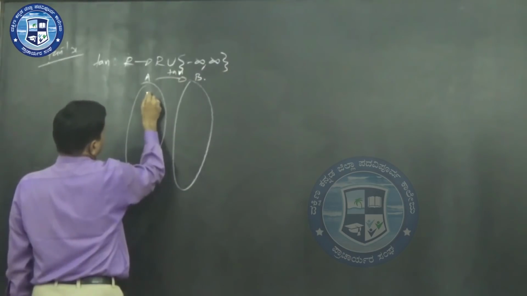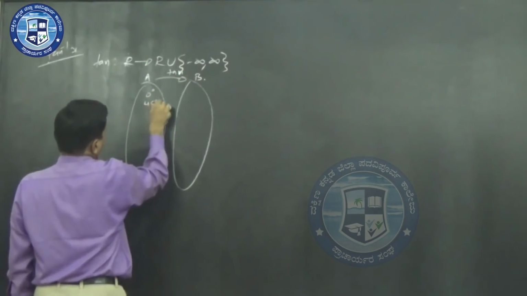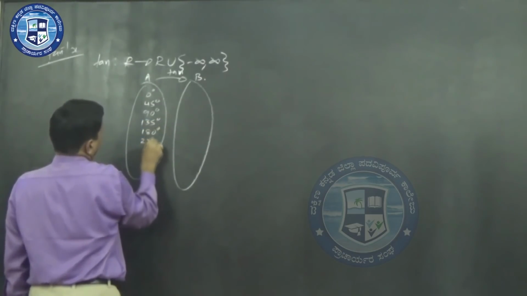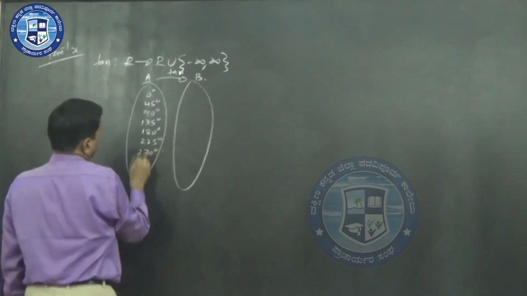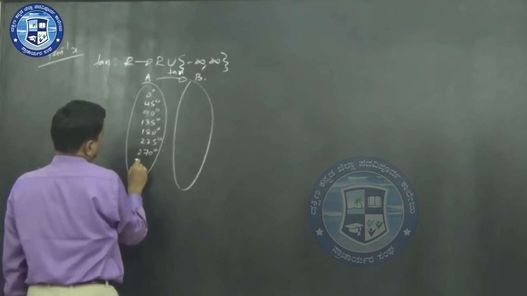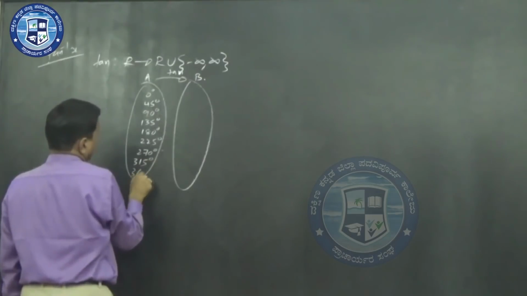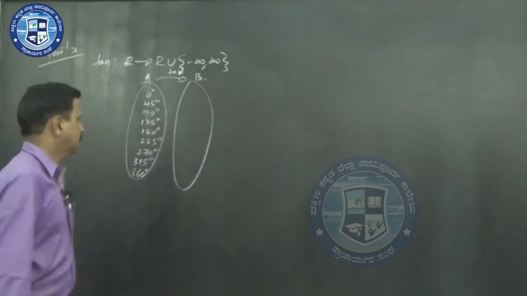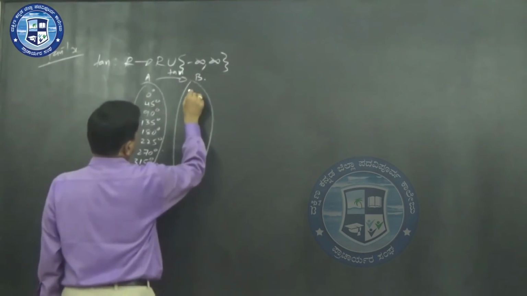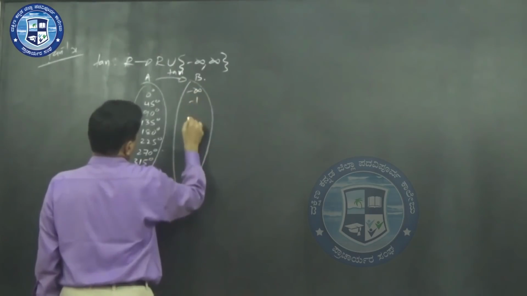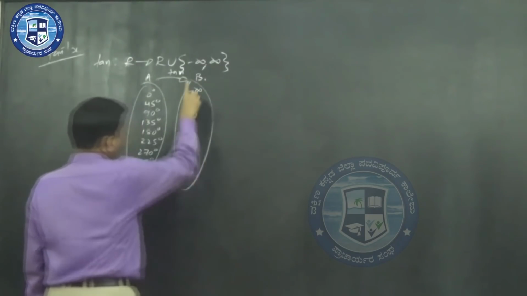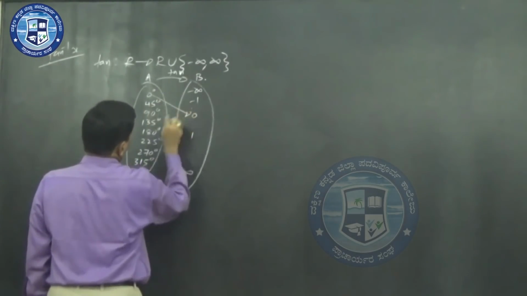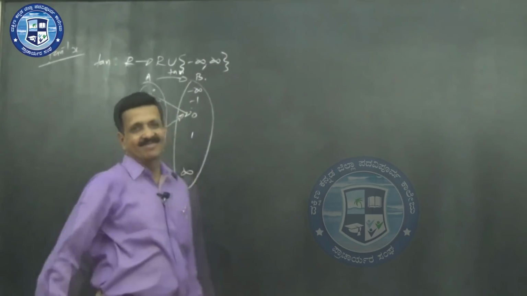Let me take different angles, say 0 degree, then 45 degree, 90 degree, 135 degree, 180 degree, 225 degree, 270 degree, then let us see 315 degree, 360 degree. You have almost all the angles of different quadrants, and let us take different values here. Minus infinity, minus 1, 0, 1, infinity. You have got so many other values in between, just representative values I have taken. Tan 0 is 0, tan 180 is also 0, you know.